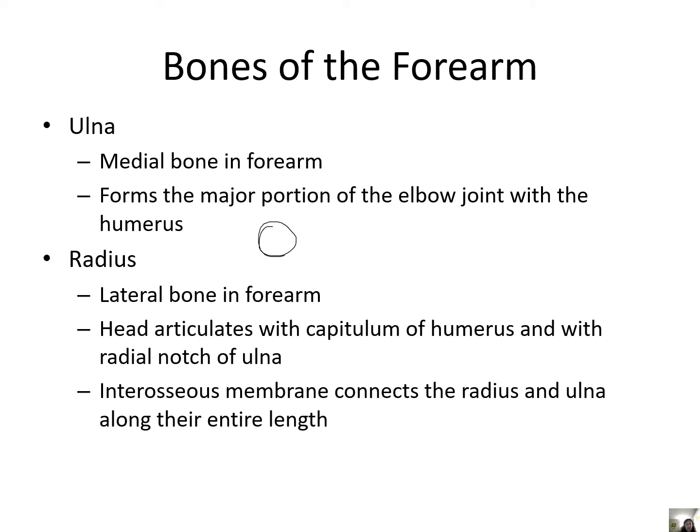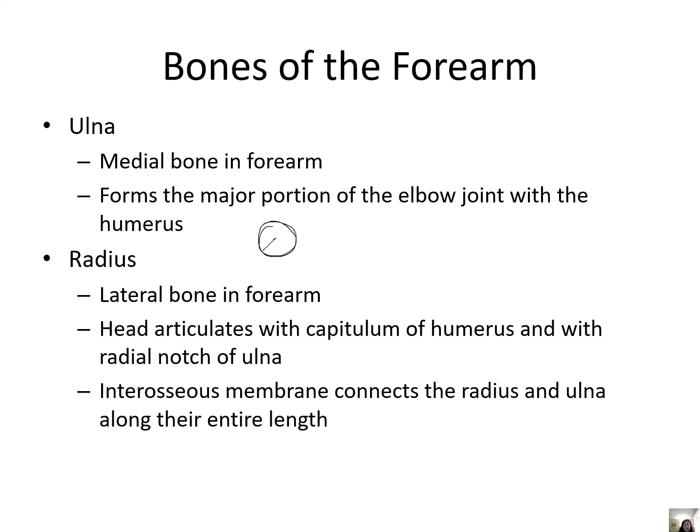When you're looking at models of these bones, you'll probably notice that the head of the radius is very round. And remember, of course, that you have a radius associated with a circle. So that's one way that I remember radius versus ulna: where they're closest to the elbow is going to be the head of the radius, and it is very round.